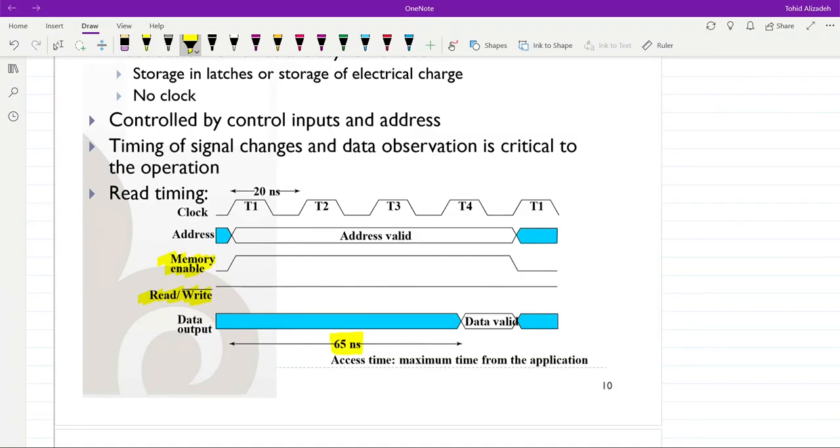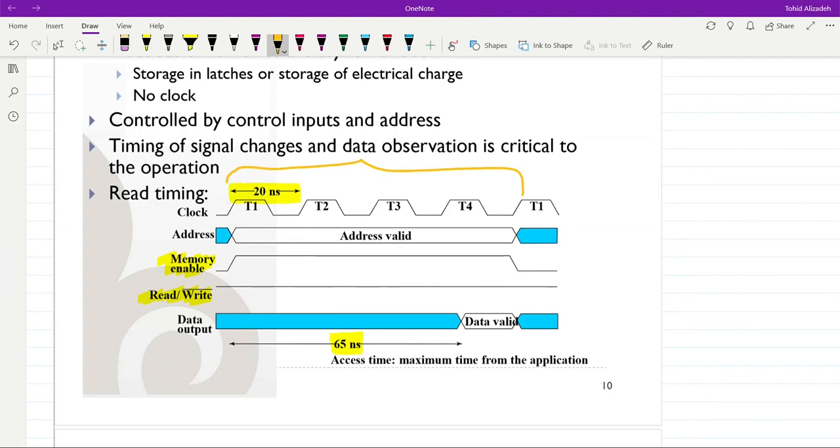If we consider that we have a CPU with a clock which takes 20 nanoseconds for each clock pass, then in order to have the read operation completed, we would need to use at least 4 clock passes, as you can see here.